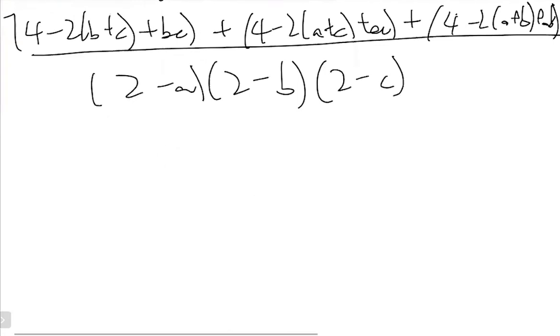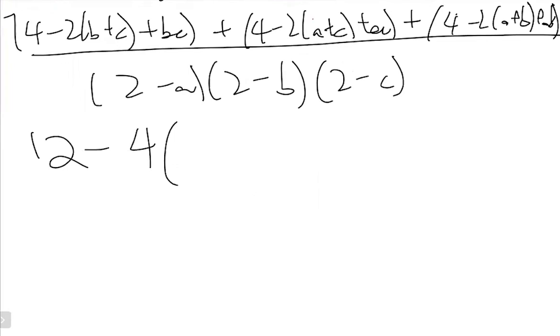And let's continue bashing, right? So then we have 12, the fours from each of the three expressions. And then we have minus 2a here, minus 2a here, minus 2b here, minus 2b here, and minus 2c here and minus 2c here. Sorry, you can't see where my pointer is pointing.